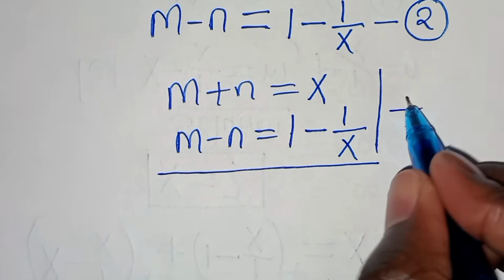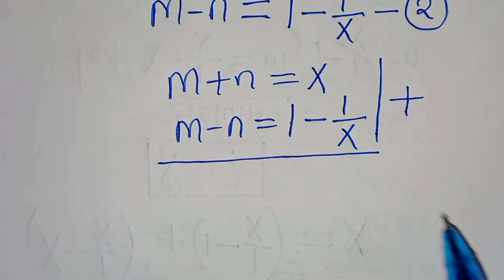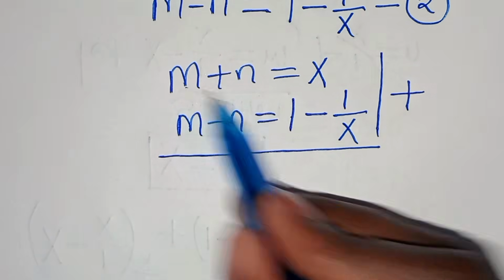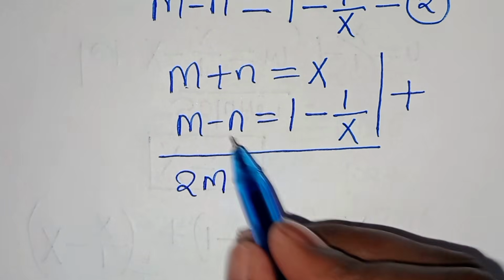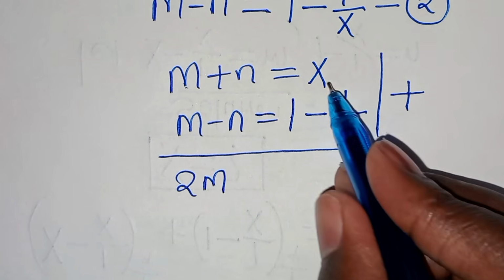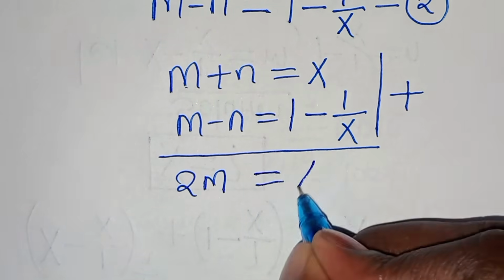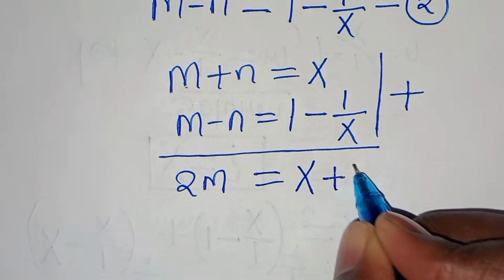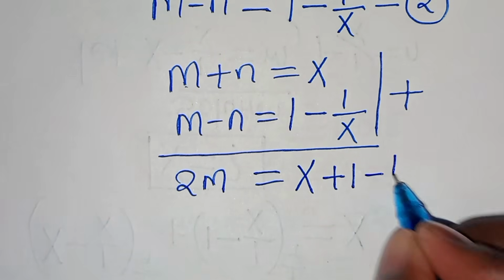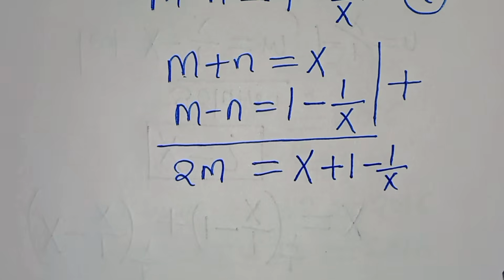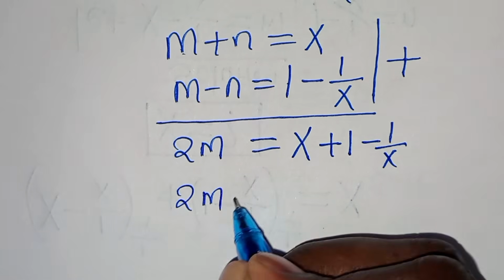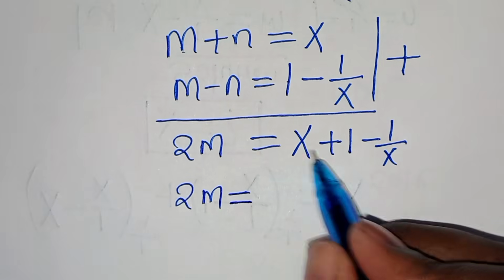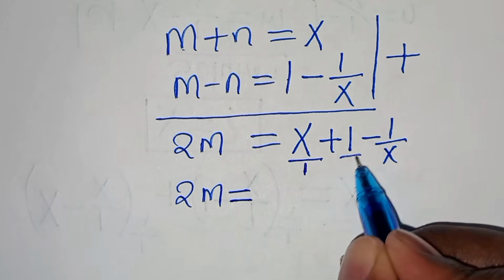So let's sum these two linear equations, so that m plus m is 2m, and n plus minus n simplifies, so that we have x plus 1 minus 1 over x. So this is 2m equal to, now x is a whole number, so this is over 1.